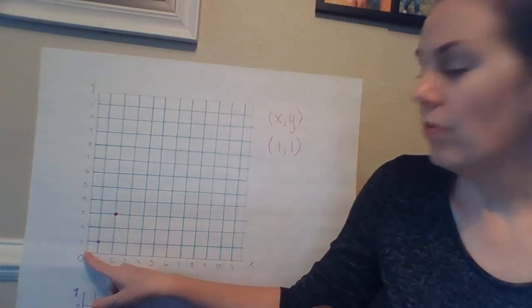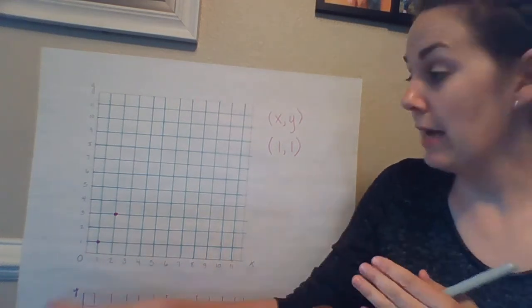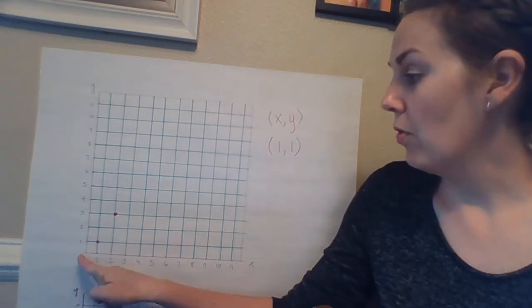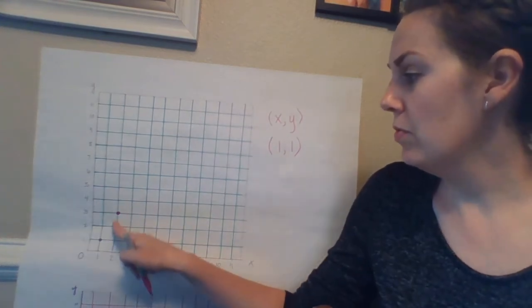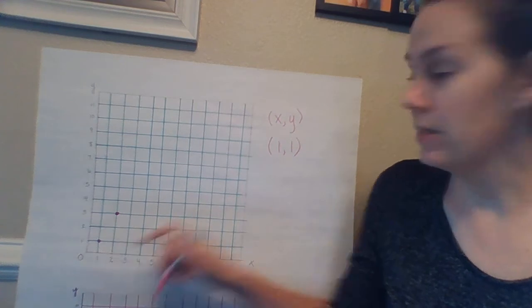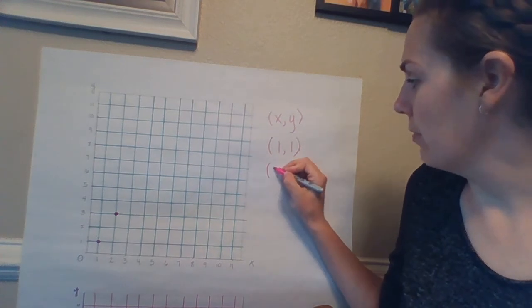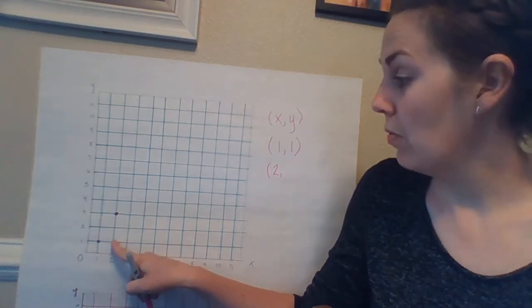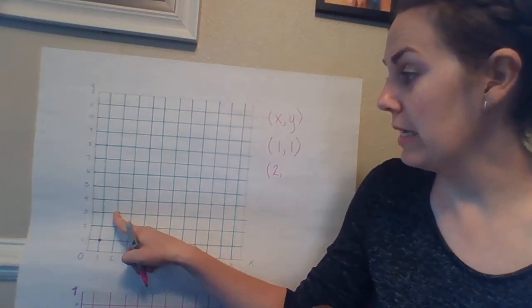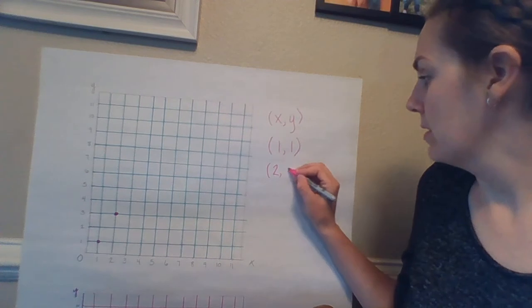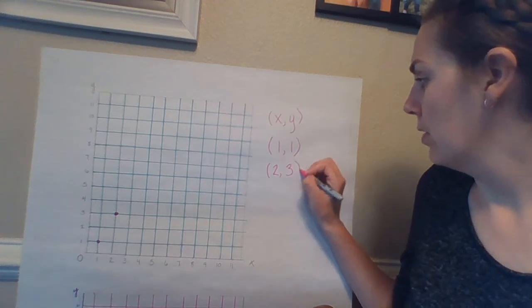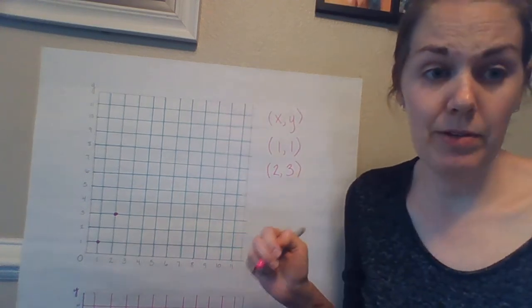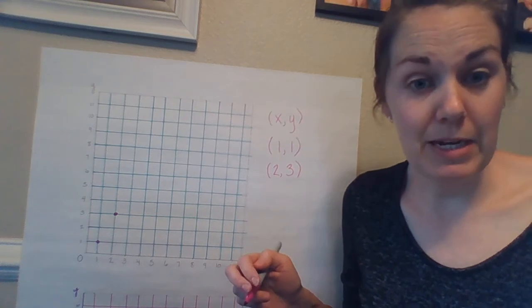Once again, following the x-axis first, we go over 1, 2 places. So the first number in our ordered pair would be 2. And then we go up 1, 2, 3 to find that point. So our ordered pair would be 2, 3 for face painting.